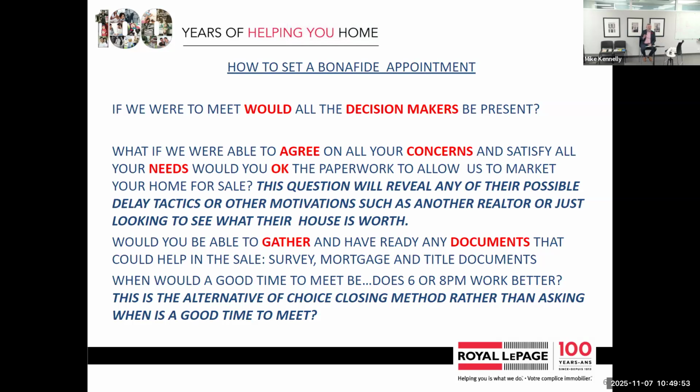Because you may have third-party people that are maybe not on title, but are part of the whole process. Maybe mom and dad lent them $100,000 to get into the property, and mom and dad may have a say in what happens. I don't know, I'm just throwing it out there. A bona fide appointment is when all the decision makers are present, even those that don't need to sign.